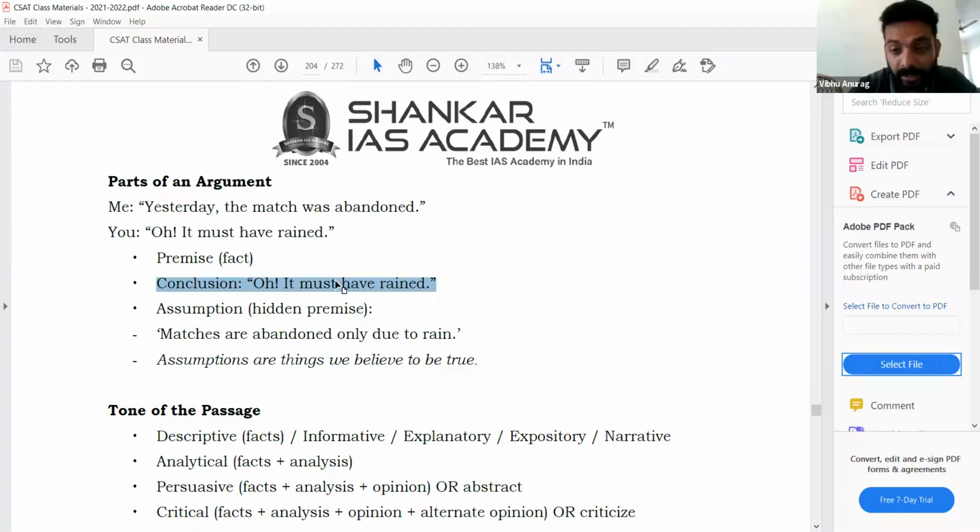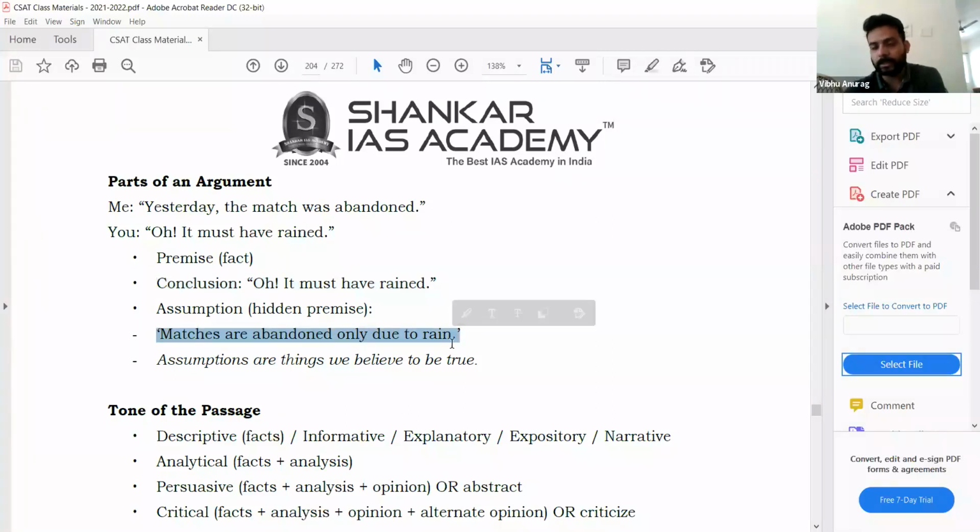A person who says it must have rained has that belief. So the assumption is that matches are abandoned only due to rain. That is that person's assumption. Because if the person thought that there could be other reasons, they would not say it must have rained. They would say it probably rained. But they said it must have rained. So this is their assumption: matches are abandoned only due to rain.